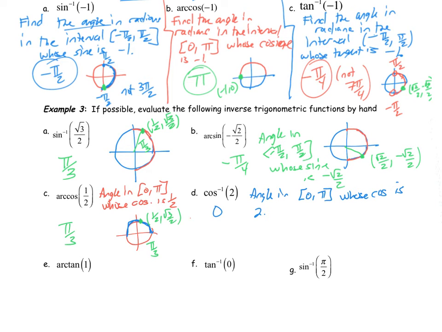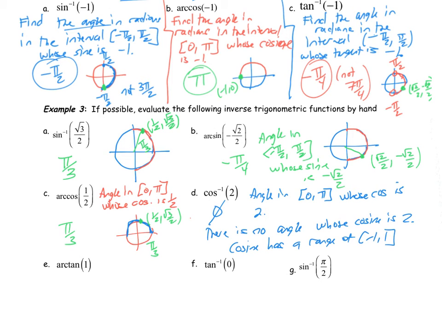So this is no solution because there is no angle whose cosine is 2, right? Cosine, the parent function, has a range of -1 to 1. So if we're outside that interval from -1 to 1, we're not going to be able to find an angle with that given cosine value.